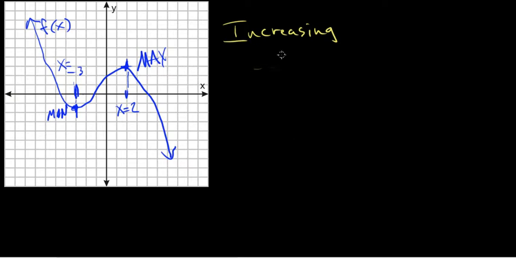It's increasing between negative 3 and positive 2. So the graph of f of x is increasing along this interval here. Between here and here, the graph is going uphill. That's all this is saying: increasing from negative 3 to 2.